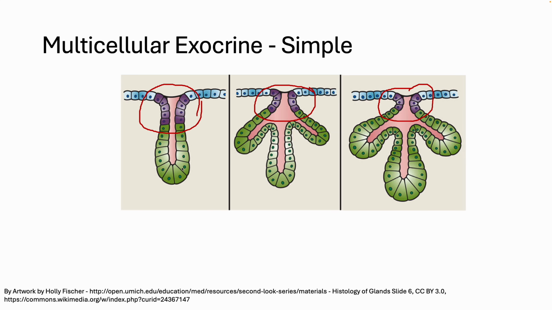All right, multicellular exocrine glands, we can classify as simple if their ducts do not branch. So you have a simple tubular on the left, a simple branched tubular in the middle. The branches happen down here, and it's not going to be forming multiple ducts.